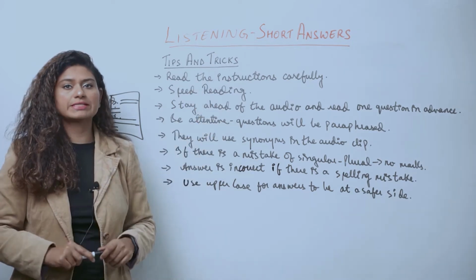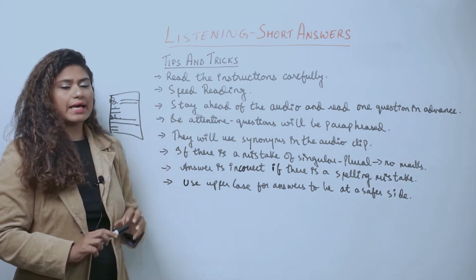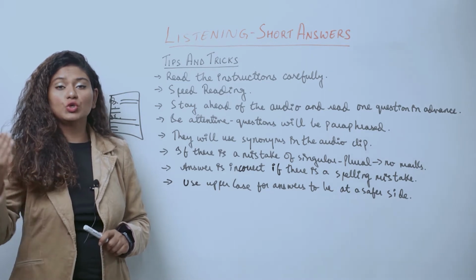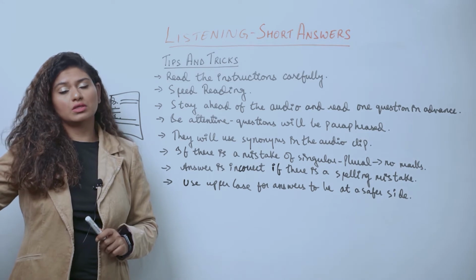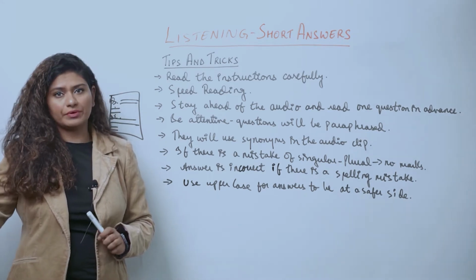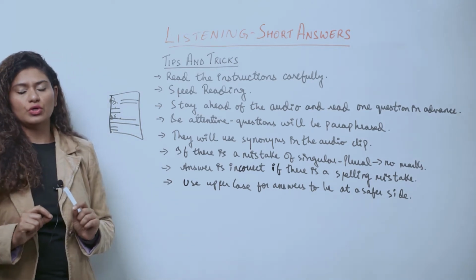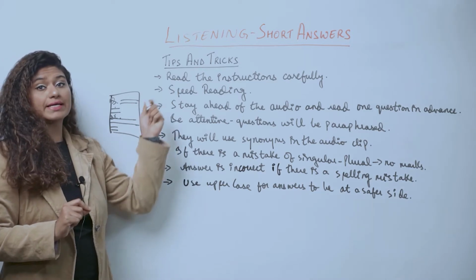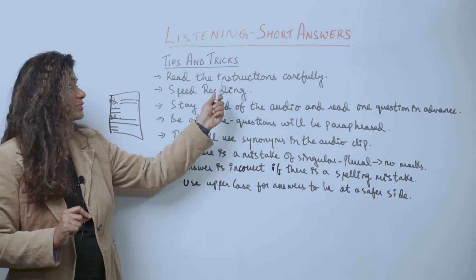But to give you an example again, I'll quickly explain it. Instructions can be like write answer in words, not more than 2 words, and/or 2 numbers or 1 number. Then in that case, when you are listening to the audio, you have to make sure that your answers do not exceed the word limit or the number limit given in the instructions.